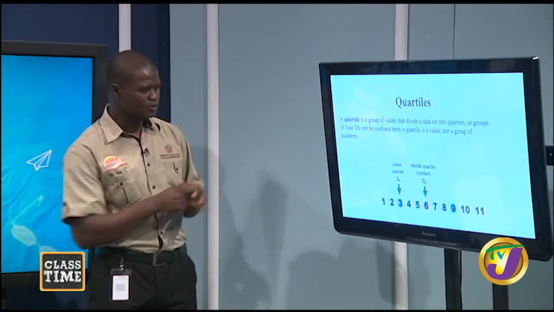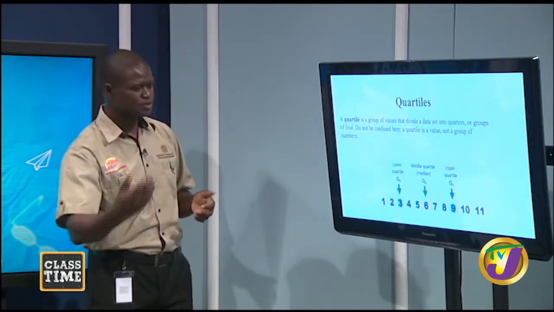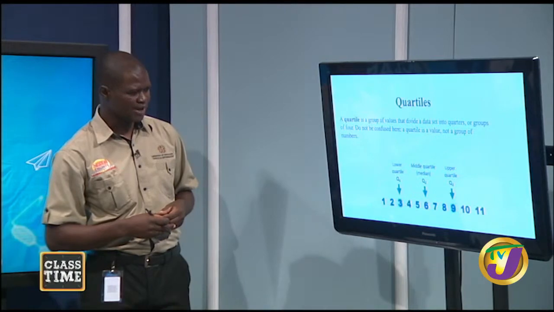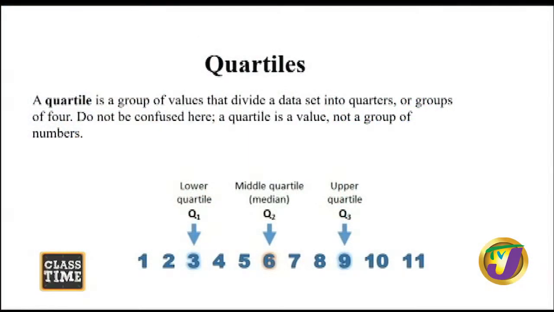This is what is referred to as your Q1. And then if you do the same thing to the data set on your right, the 9 would fall in the middle. So it's like the median for that right side of the data. So here we have now the data set being divided into 4 segments.